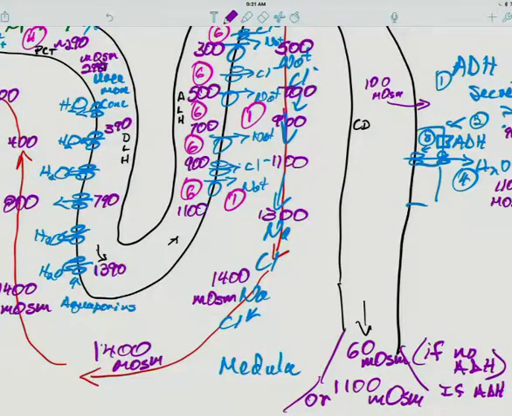Okay, what do you think? Anybody want to hazard a suggestion? Why not 1,400? Why 1,100?